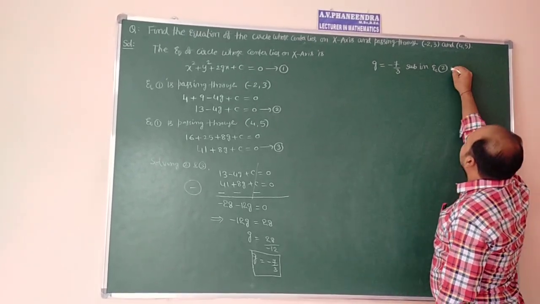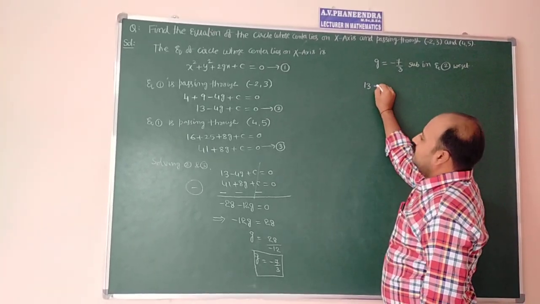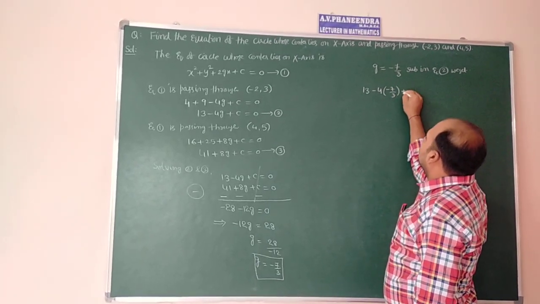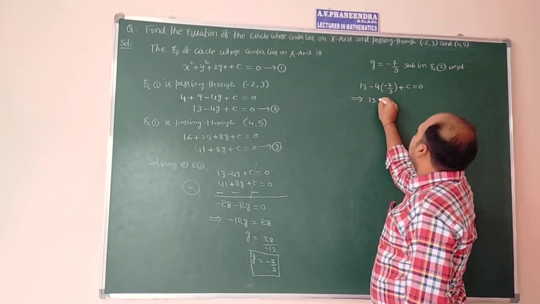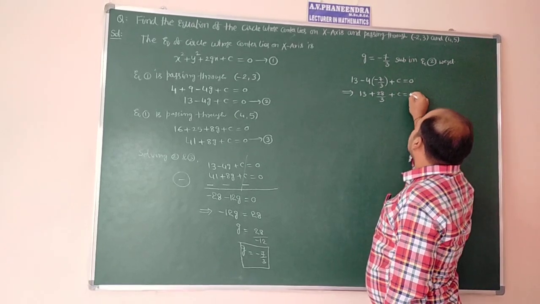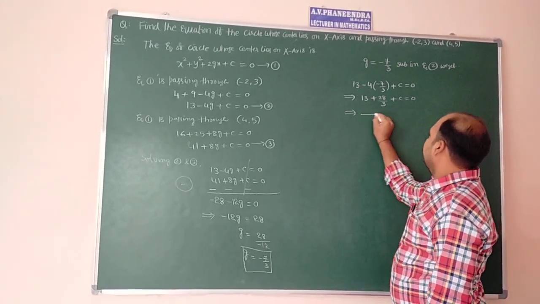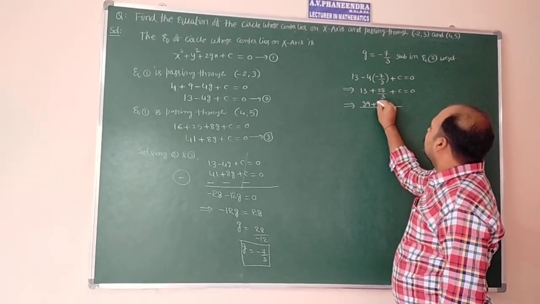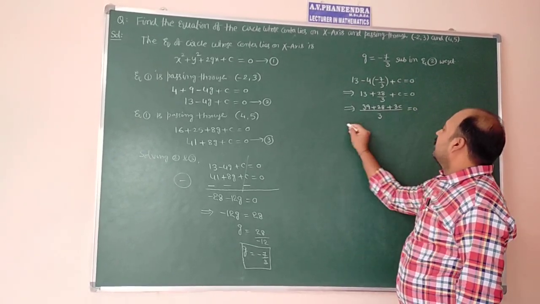Then we get 13 minus 4 into minus 7 by 3 plus c equal to 0. 13 plus 28 divided by 3 plus c equal to 0, which implies that LCM is 3. 39 plus 28 plus 3c equal to 0.